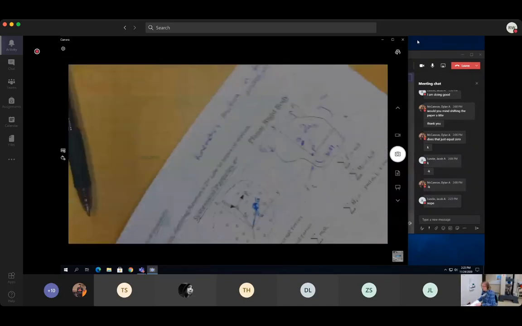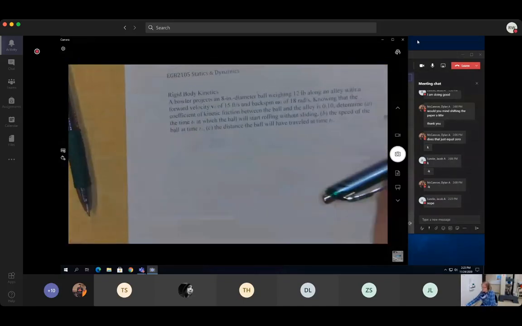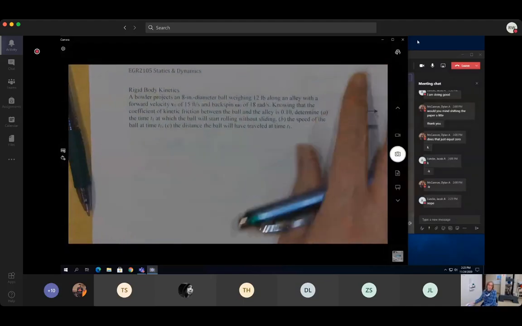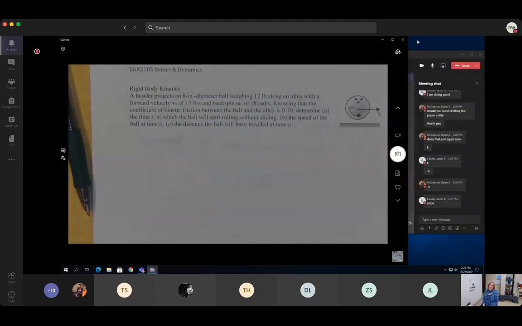Okay, if you can, I'd like you to take a look at the problem here at the back. We won't have time to get through it all the way, but there are a couple of things that we can do to look at what's here.